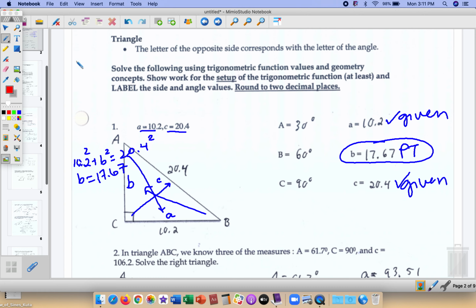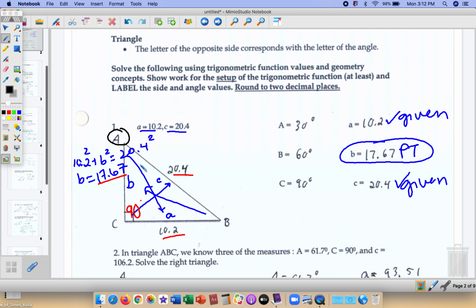We know that out of 10.2, 17.67, and 20.4, the biggest side corresponds with the right angle, right? So we know that C is 90 degrees, and we know that longest value would be the hypotenuse, right? So from there, we're going to try to find angle A and angle B. It doesn't matter what you try to find first. I'm going to pick angle A.